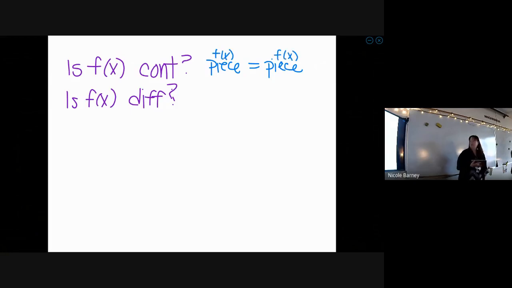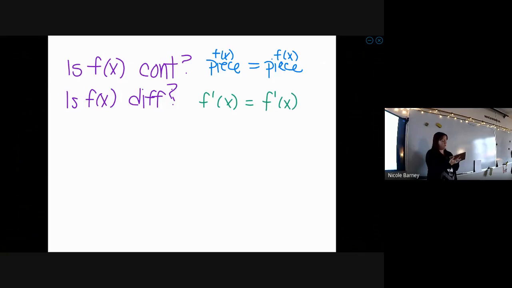And then we plug in whatever number for x, and we see, do the pieces equal each other at that point? If they are equal, then it's continuous.